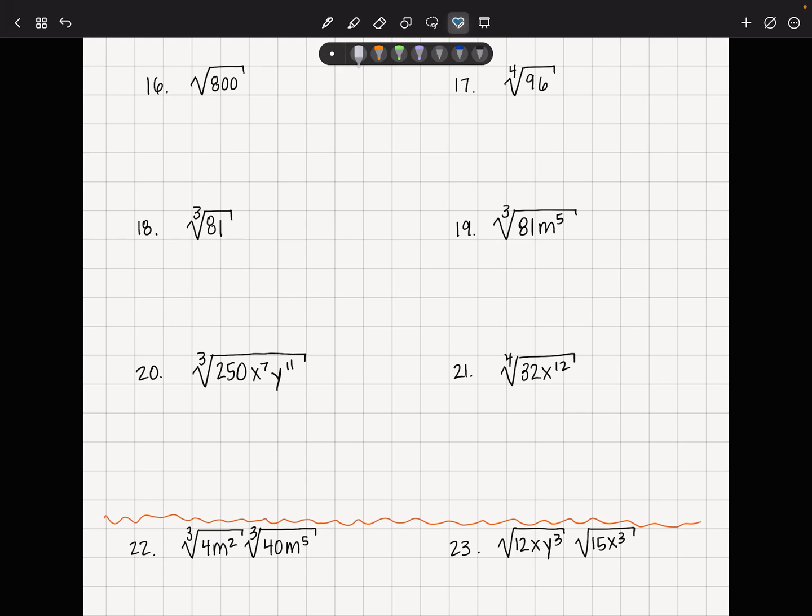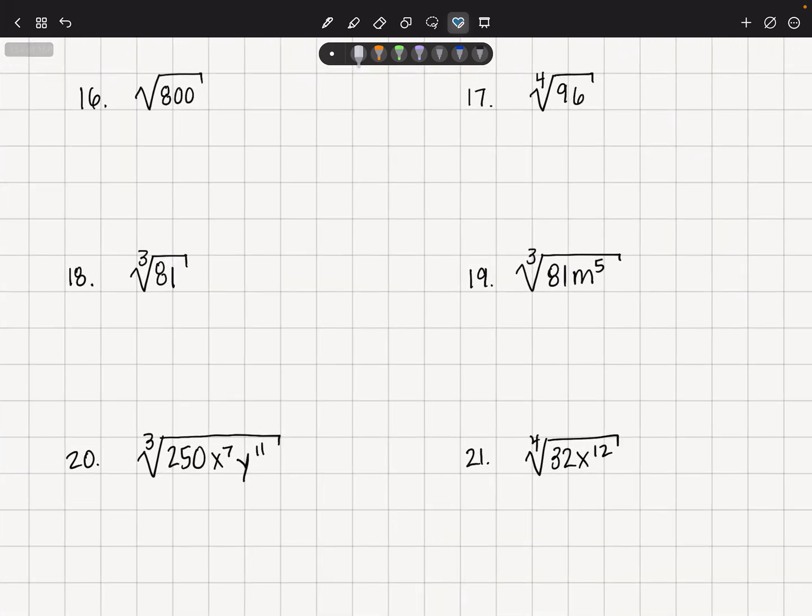The square root of 800 might be a little bit harder to see that perfect square, but if you can see 400 times 2, you would go straight to 20 times the square root of 2, because the square root of 400 is 20.